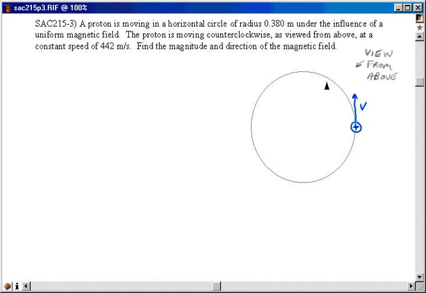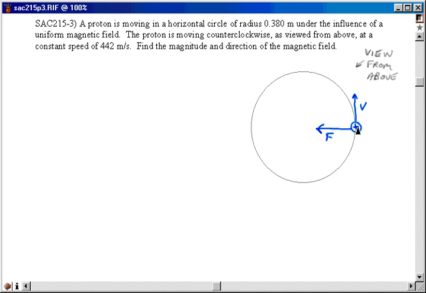Now, for it to be moving in a circle counterclockwise, there's got to be a leftward force at this point, or westward force, if you will, toward the center. Otherwise, it'll move along a straight line path. So there will always be a center-directed force acting on it, and the only thing exerting a force on the proton is the magnetic field, so we need a center-directed force exerted on the proton by the magnetic field.